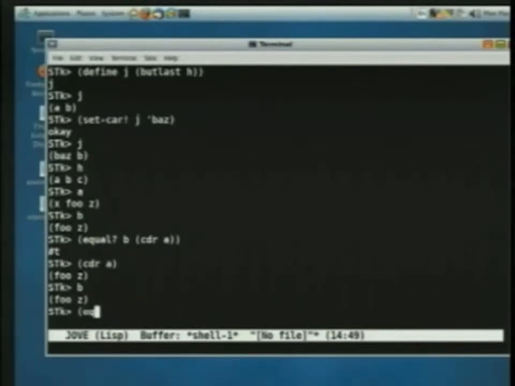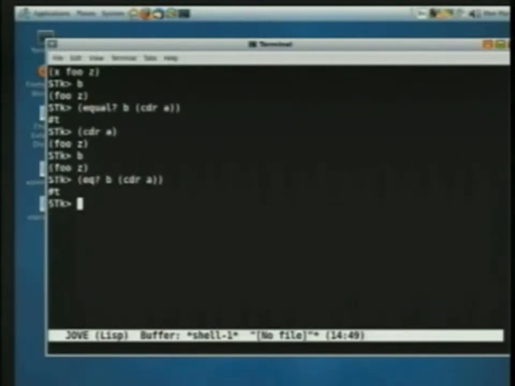I can also say eq? B, cdr of A. That's also true, and it's true because A and B share pairs. So cdr of A is the exact same pair as B. Whereas H and J, so here's H, here's J. Oh, well, they're not the same at all.